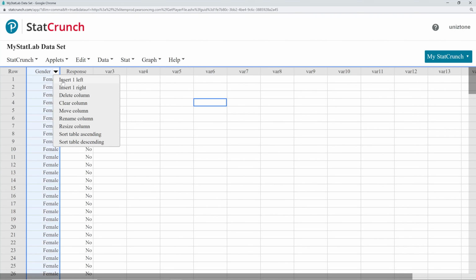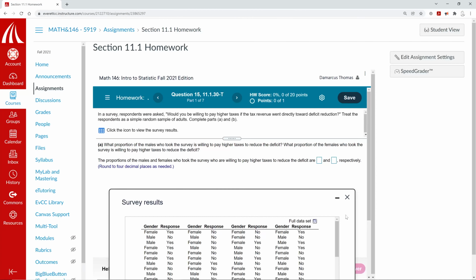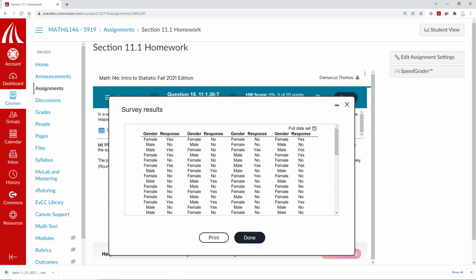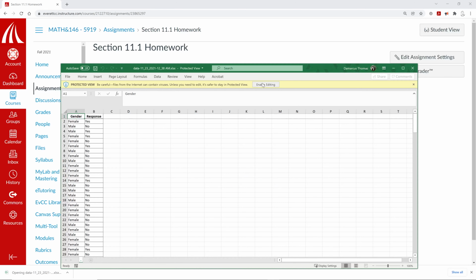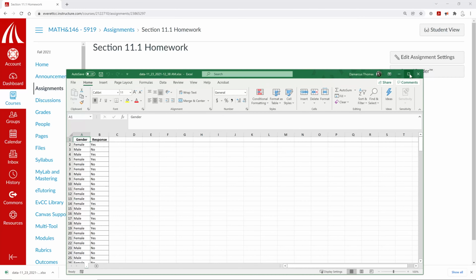So first we would do by, it would probably be better to open this in Excel actually. If we did Excel, we'd probably have a better chance at sorting this out real quick.